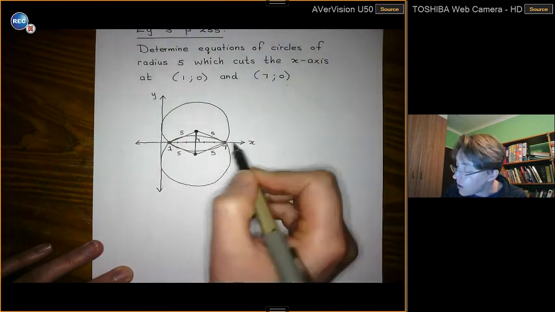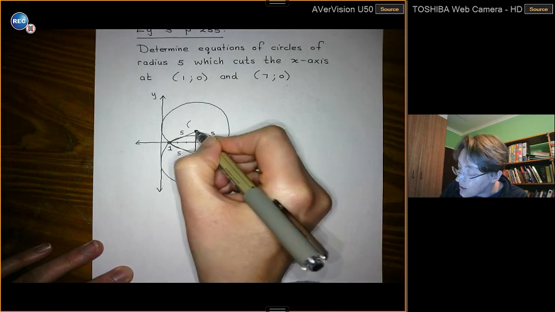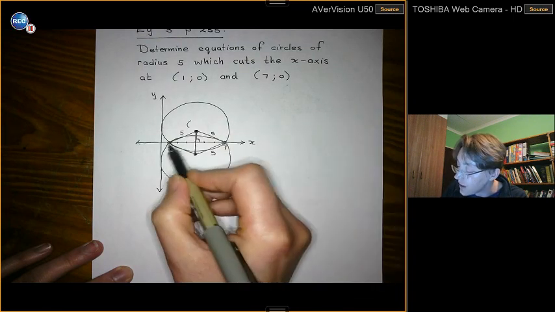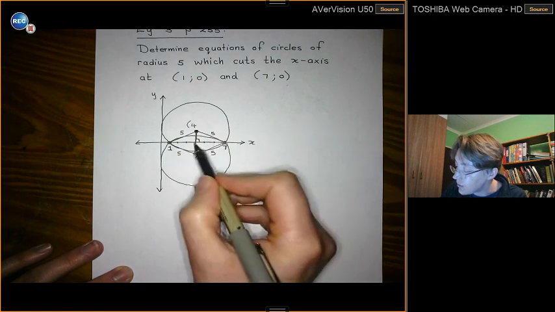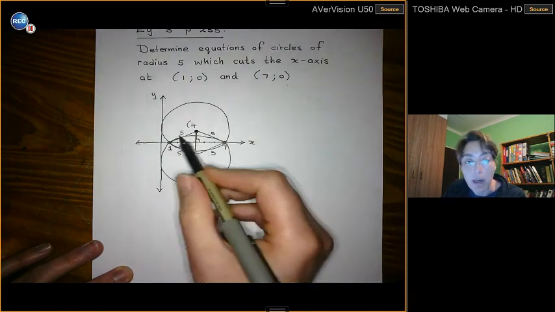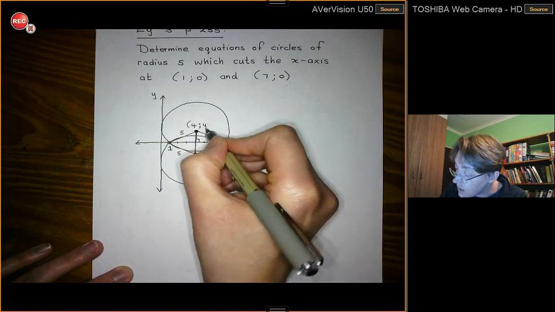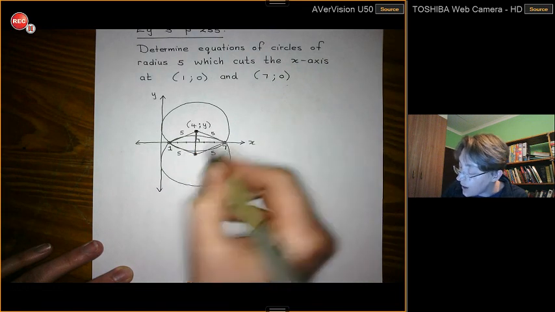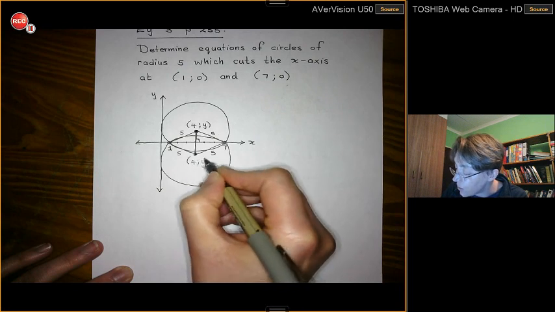And because it goes half-half, you will then already know that the x-coordinate of the center of the circle is going to be, that's 1, 2, 3, 4, 5, 6, 7, halfway. I don't know what the y-coordinate is. And there as well, I've got that x-coordinate of 4, and I don't currently know what the y-coordinate is.